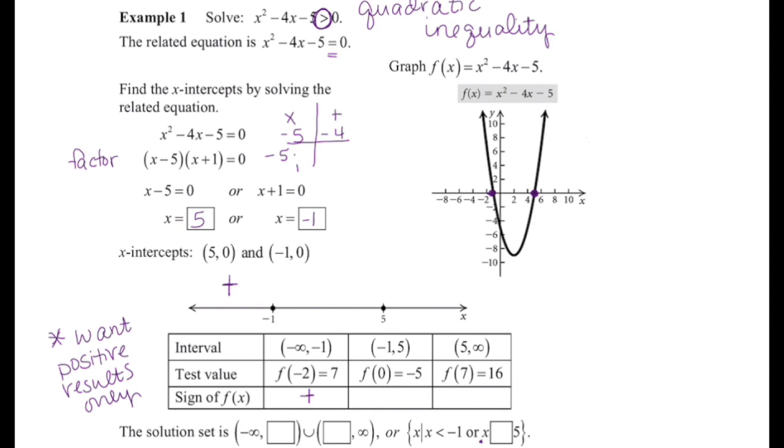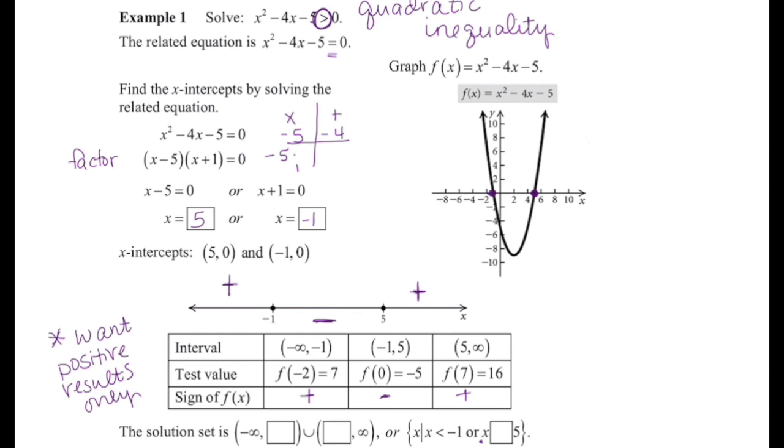What happens between -1 and 5? I'm going to substitute in 0. And when I substitute in 0, I end up with a negative result. So we are negative in between this interval. And finally, for the last interval between 5 and infinity, I chose 7. When I evaluated f of 7, I end up with a positive value.